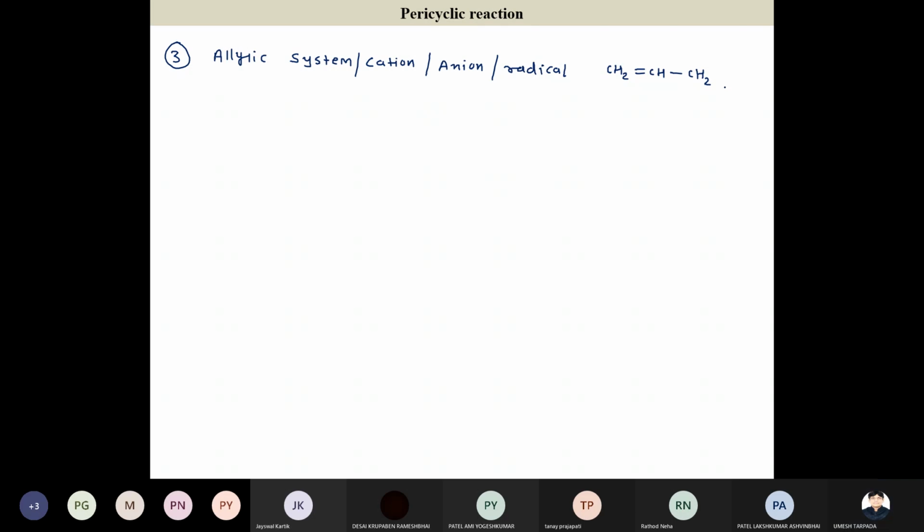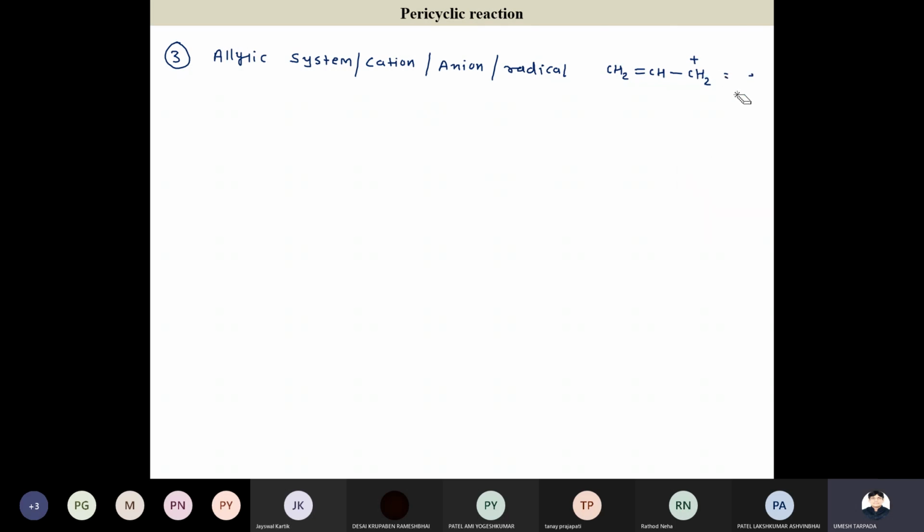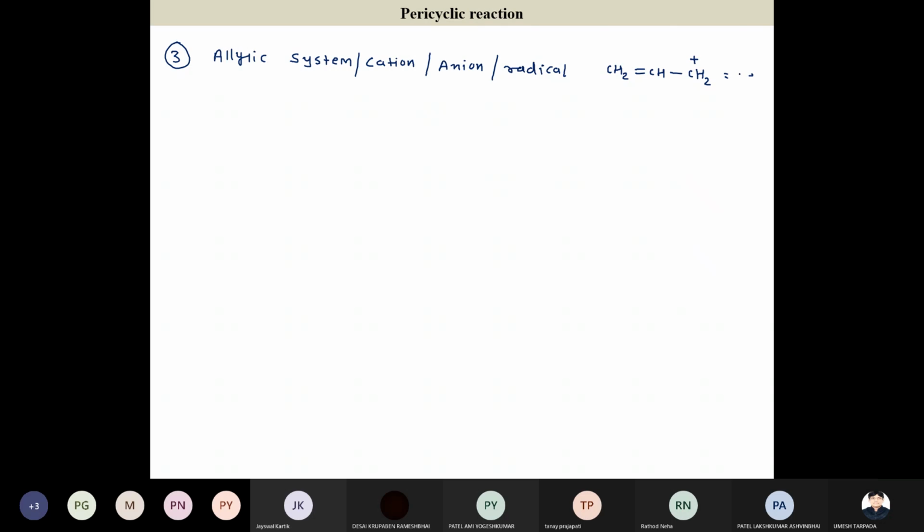If you put a positive charge here, it is called an allylic cation, which has 2 pi electrons.